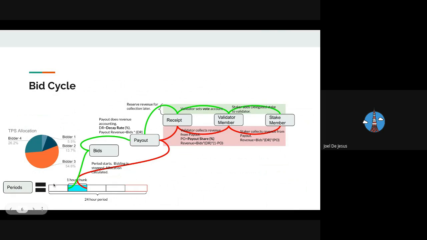So she's bidding now. Let's say time machine. It is now 9 a.m. tomorrow. So the clock ticks and the period starts. So now we're on the green line.